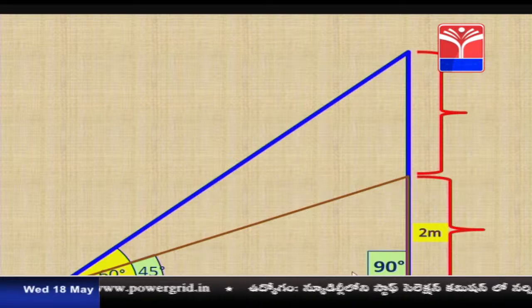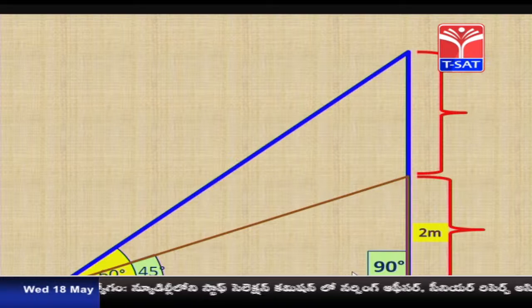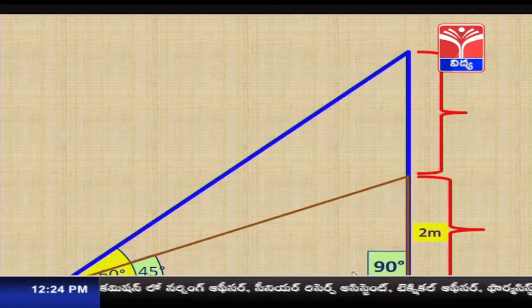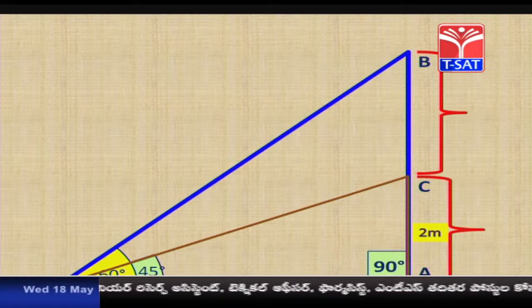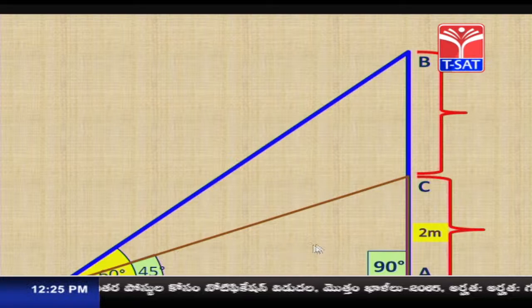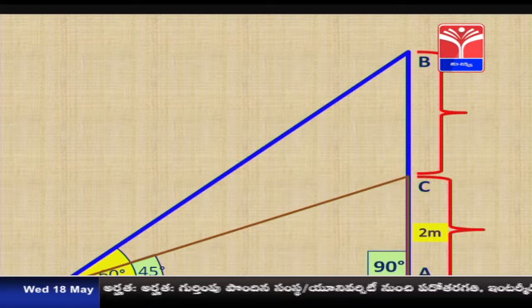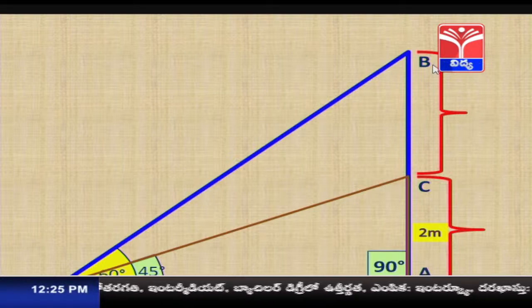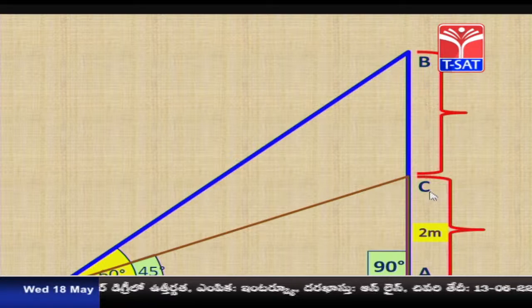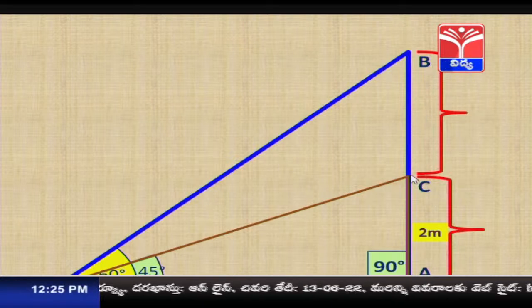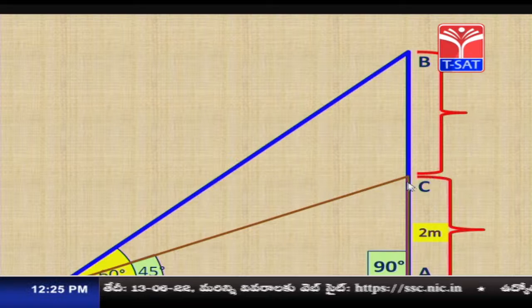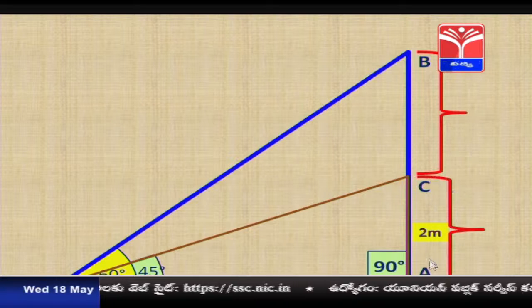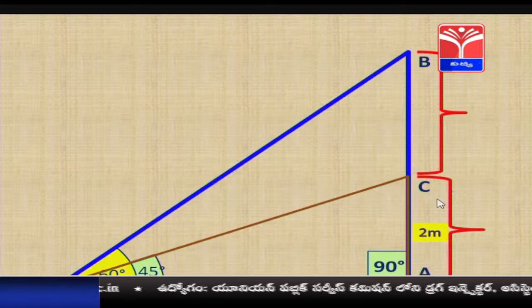So, now I have to give names to the points, or you can say vertices, of those 2 triangles. Let me say here the point of observation I will call O, and this point, the foot of the complete statue, I will call A, and this is the top of the statue B, and the top of the pedestal I will call C. So, here you can say AB, AC, BC.